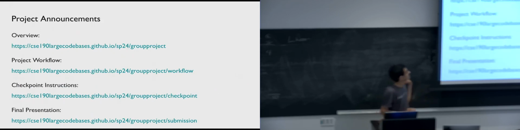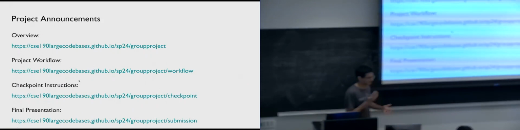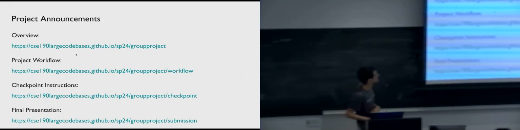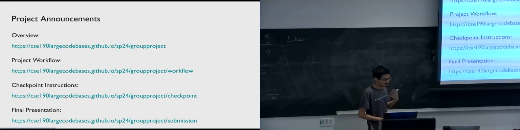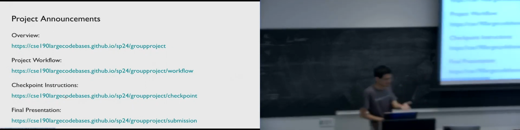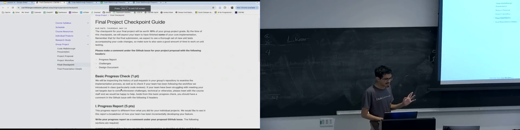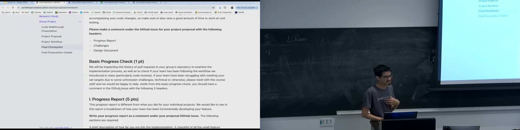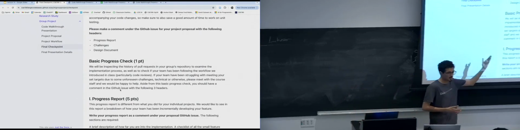And just an announcement related to this, we now have a lot of instructions and pieces of advice for doing this group project. So I would highly recommend following the links here. The main one that is upcoming is the project checkpoint instructions, right? This is what is due next week. You can see how we're going to be grading this and what the expectation is. Basically, you'll just need to make a comment under your initial GitHub issue proposal.